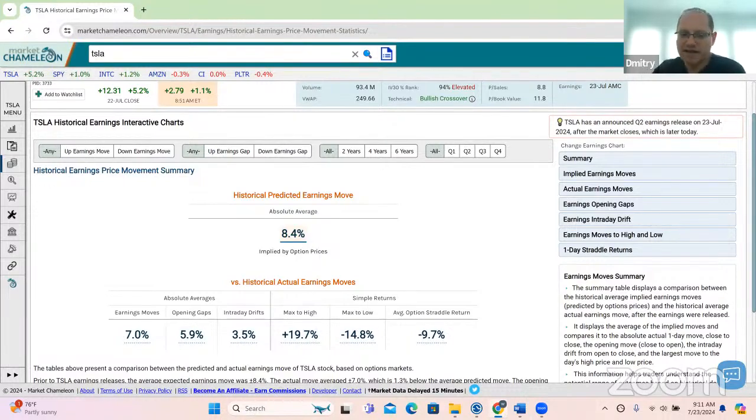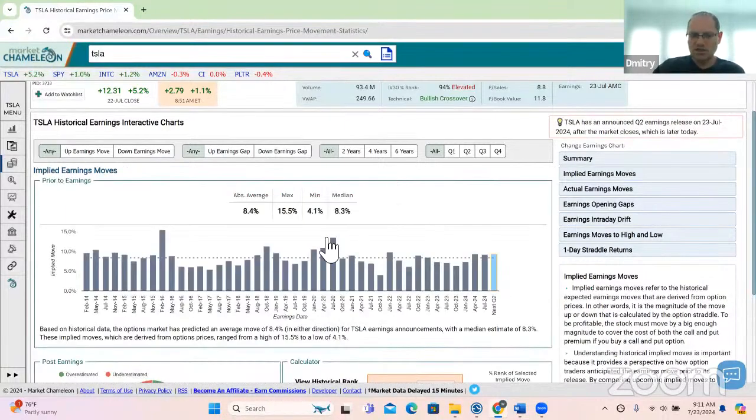So let's click on that. When I click on it, it's under implied earnings moves, and we'll see a history going back to 2014. What this is saying is that on average, right up to the end of the day, the implied move was 8.4%. That was the premium.